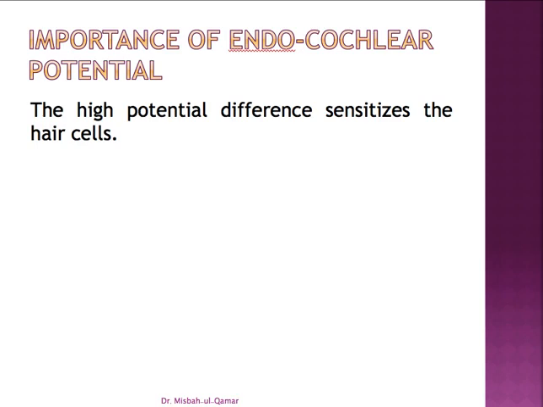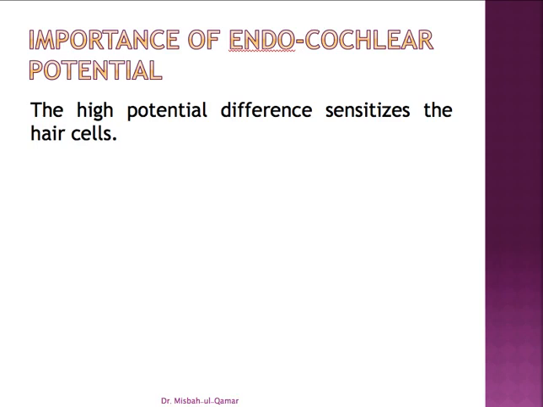Even if there is a very minor stimulus, which causes a very small change in the electrical potential between the inside and the outside of the hair cell, it will be detected. So this is how the endocochlear potential of large value sensitizes the hair cells, just to achieve a greater excitability of the hair cells.